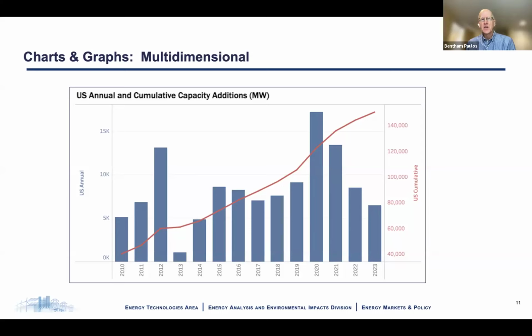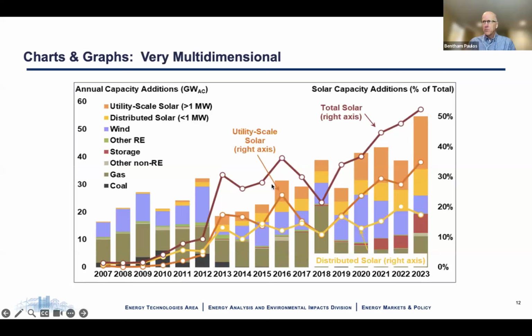And the point that it's multidimensional is that it's a bar chart and a line graph with vertical columns for each. And you notice the color is tied to the column or to the axis on each side, which helps make it a little more simple. And it simply shows annual and cumulative. The bars are annual, the line is cumulative. So it's fairly straightforward, but it is multidimensional. It has more than one element to it.